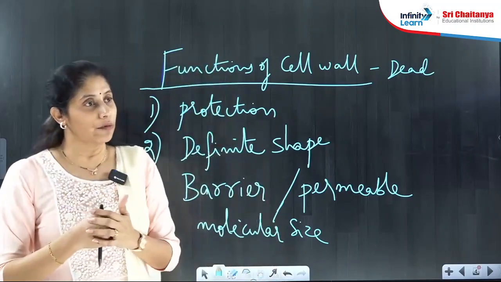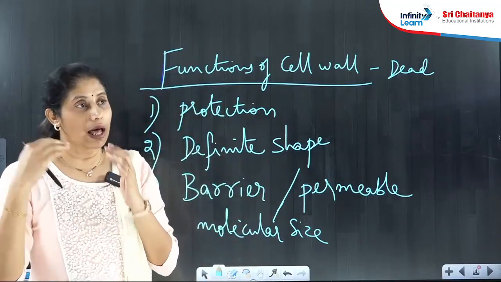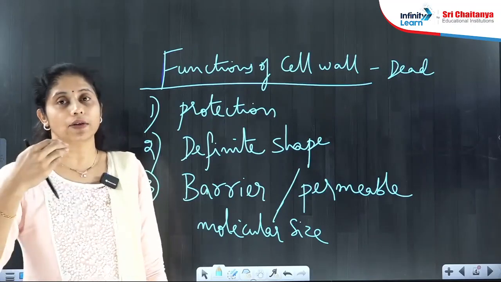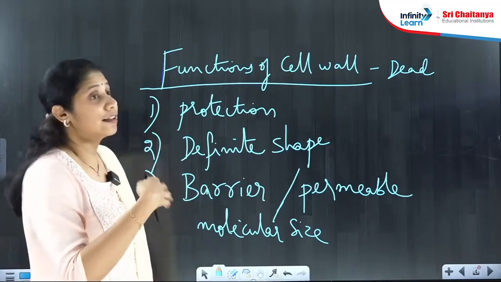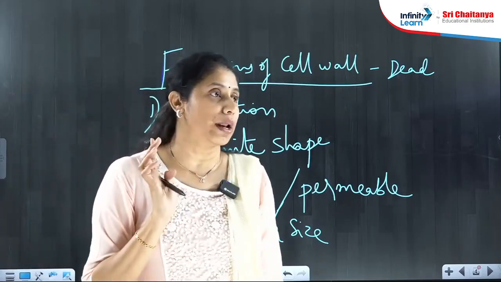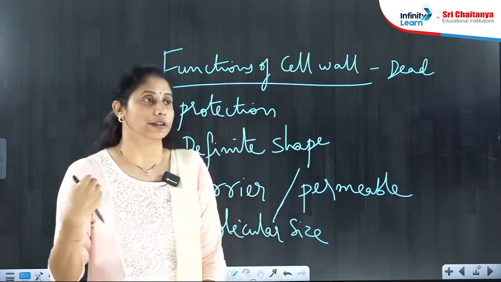And inside the primary wall, we have the secondary wall, the last formed cell wall layer. Inside that secondary wall, we have the plasma membrane, which we will see after this.